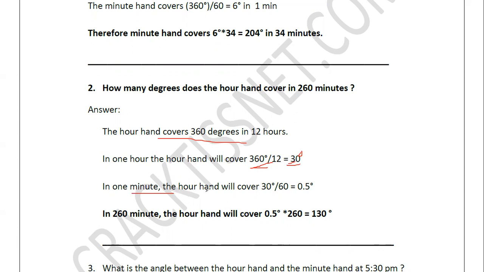So in 1 minute, the hour hand will cover 30 by 60, which is equal to 0.5 degrees. So in 260 minutes, the hour hand will cover 0.5 into 260, which is equal to 130 degrees. This question can also be asked like, how many degrees does the hour hand cover in 4 hours 20 minutes? You convert 4 hours 20 minutes into 260 minutes, and you can easily find the answer.